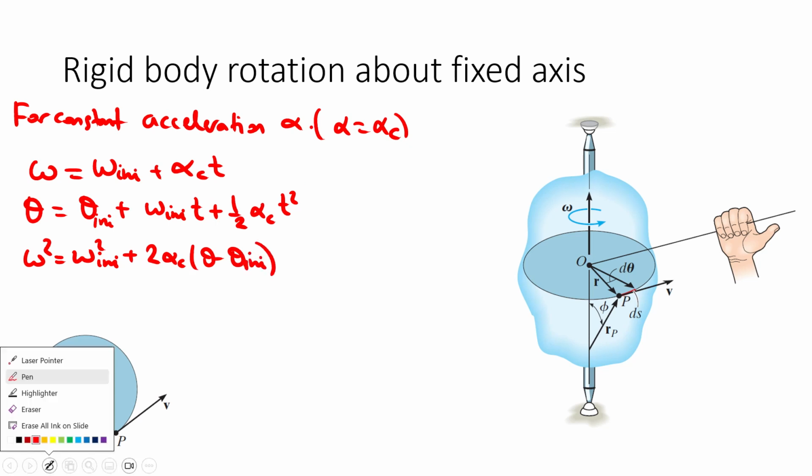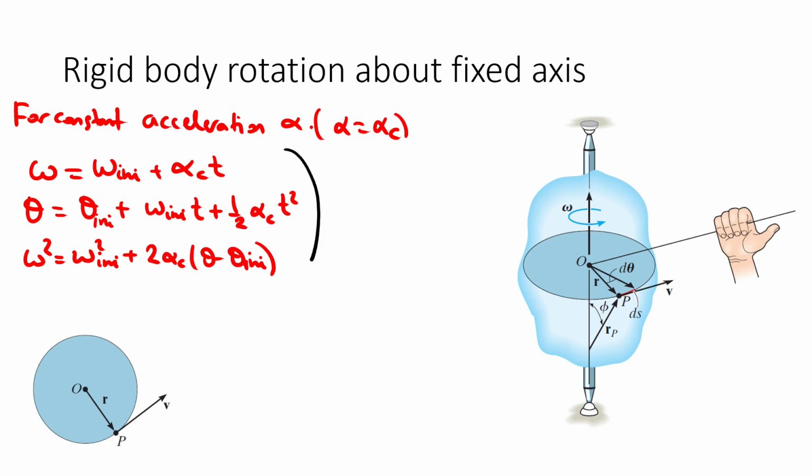Again you can compare these to particle kinematics, and you will notice that the formulas are the same for particle kinematics as well as rigid body dynamics, except you have different variables here.